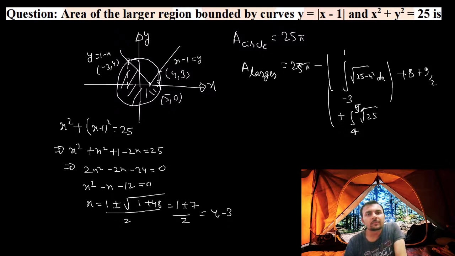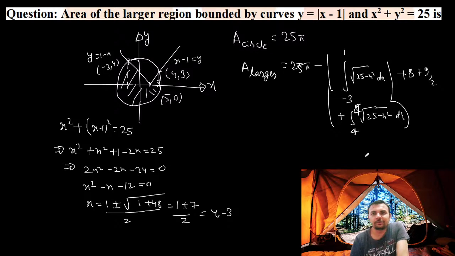No, no. It is 1 to 4. Okay, 1 to 4 root under 25 minus x square dx.